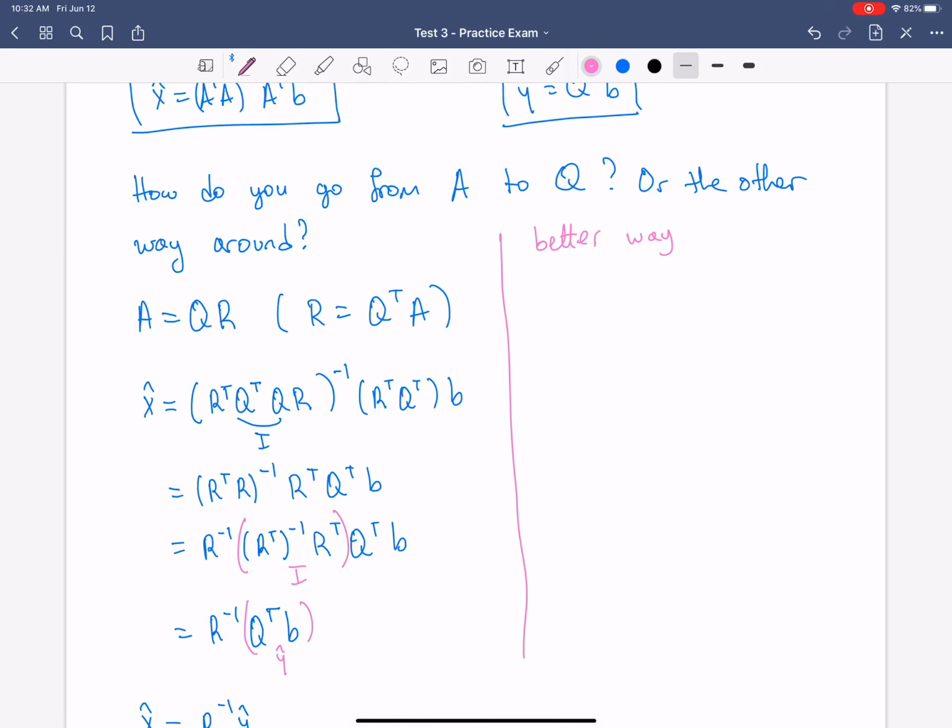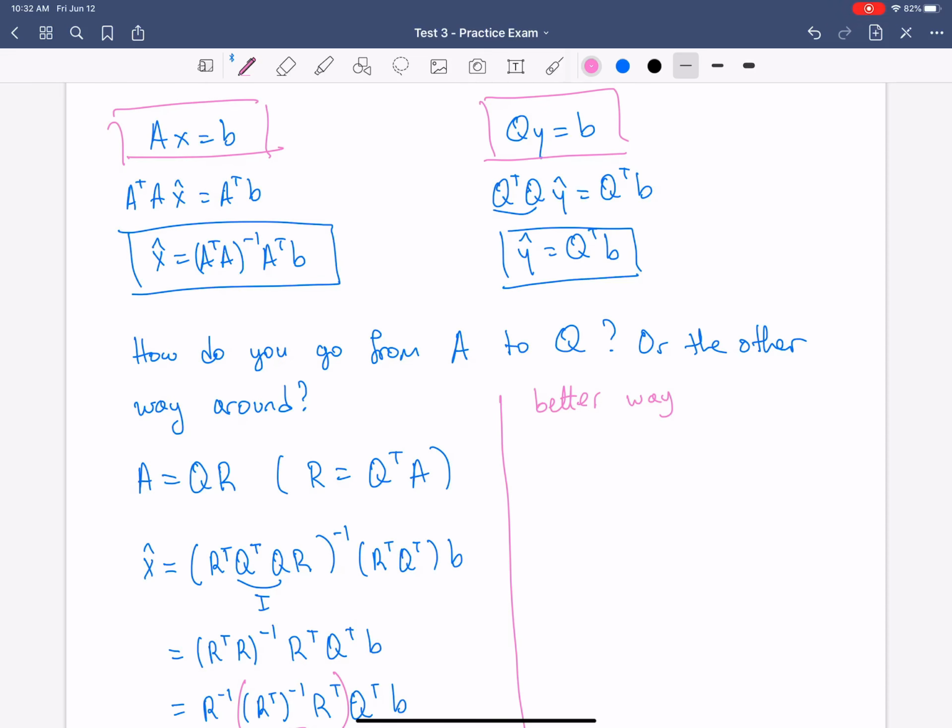You cannot simply conclude that if Ax equals Qy. So here's what I'm trying to say. From here, obviously, Ax equals Qy. But this does not necessarily imply just by default that A x hat would also equal Q y hat.